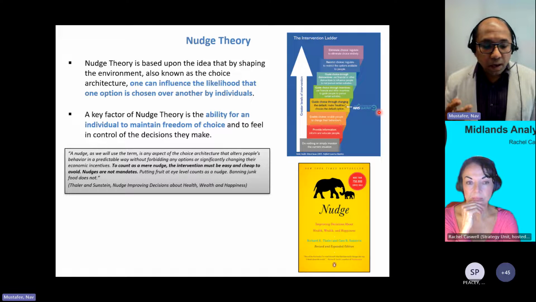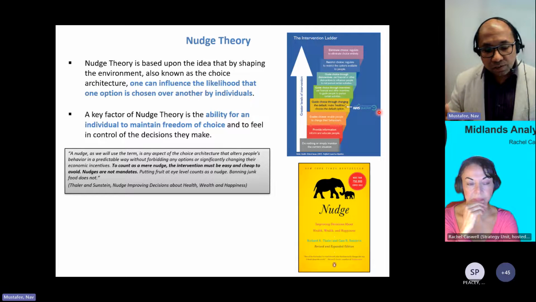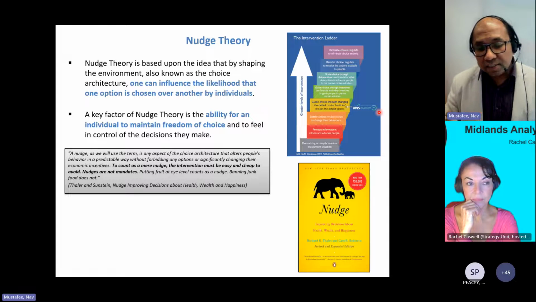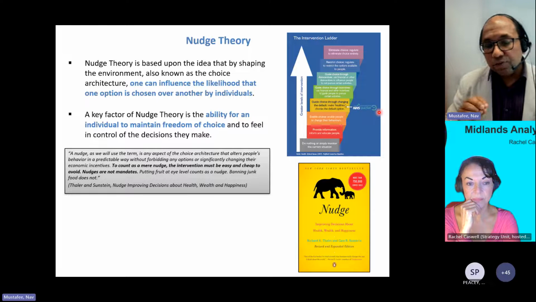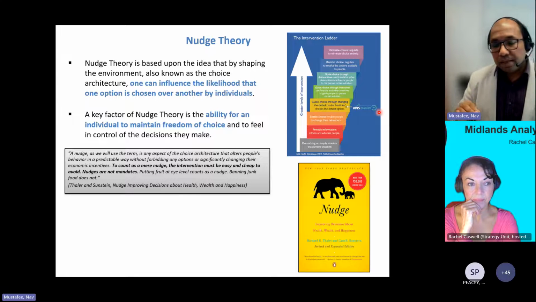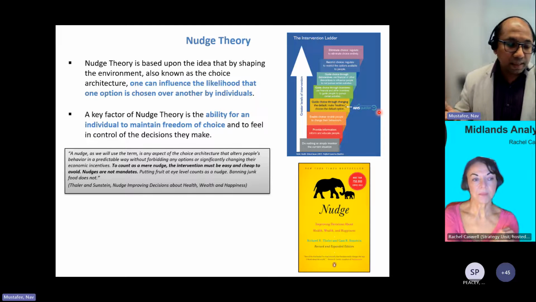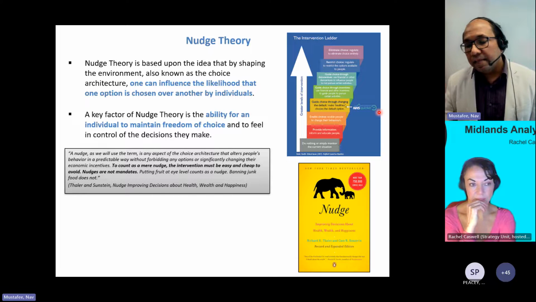By default, we mean choices which are presented in such a way that people are likely to use them, right? One well-known nudge experiment is about making people eat healthy.